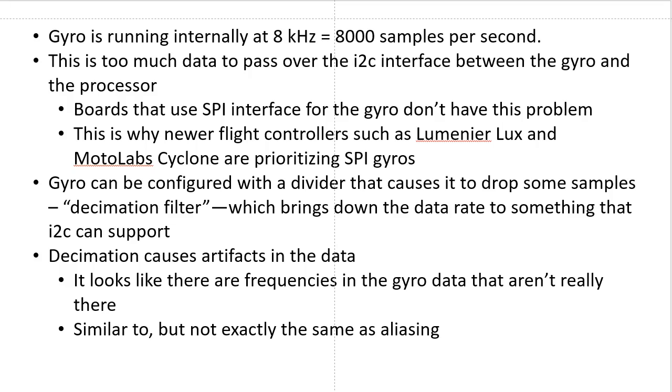So currently, boards with the F4 processor on them are the only ones that can run at the full 8 kilohertz rate. If you think about it, 8 kilohertz is 125 microsecond loop time, plus you would need all the other time to do all the other things, not just process the PID loop, right?